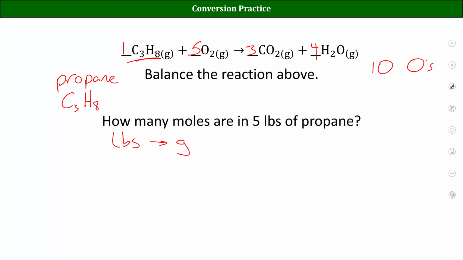Then we can use the molecular mass like we did at the beginning of class to go grams, moles. First step's easy, right? That's on our conversion sheet. You know how to go from pounds to grams. Grams to moles depends on what the formula is, but you've got your periodic table. So 3 carbons, carbon is 12.011 AMU, right? 4 grams per mole.